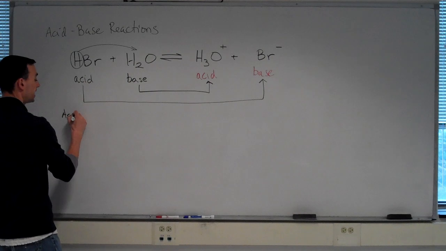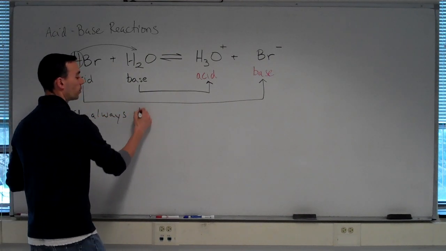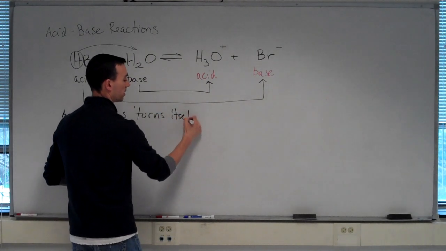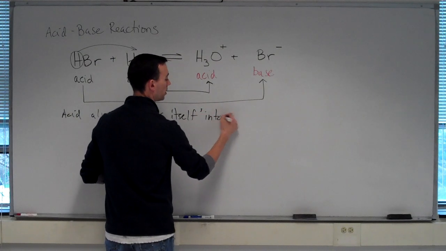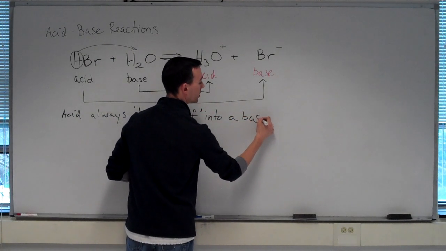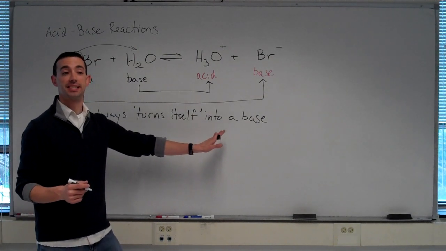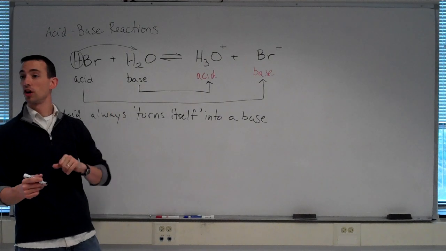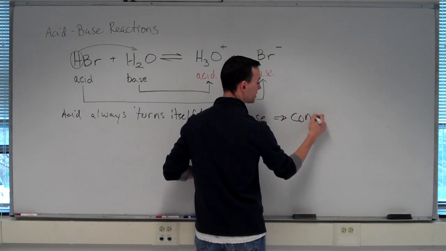So the acid always turns itself into a base. We actually have a name for that base, that partner of the initial acid that you start with. It's what we call the conjugate base.